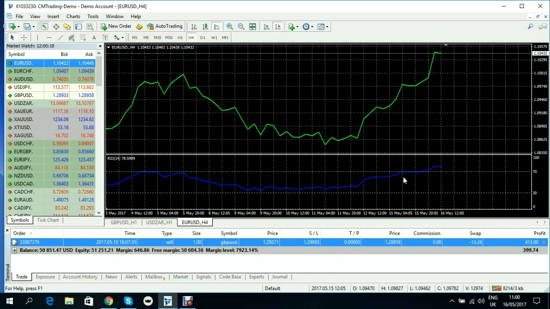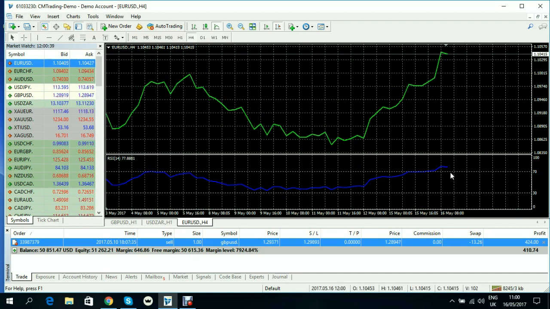Mostly when the RSI line is in the middle, say somewhere here, between 70 and 30, it becomes difficult for traders to use it.